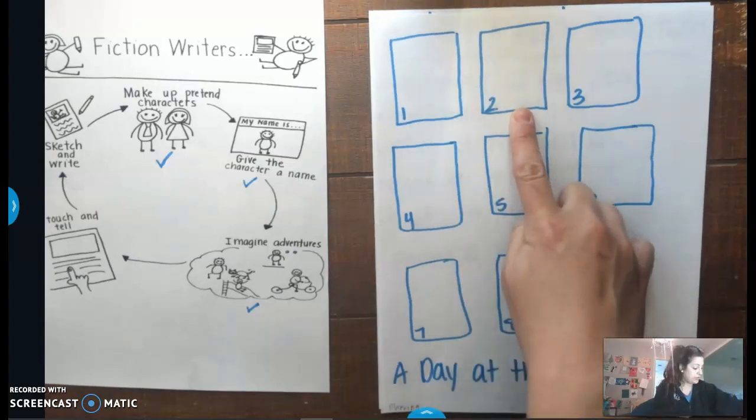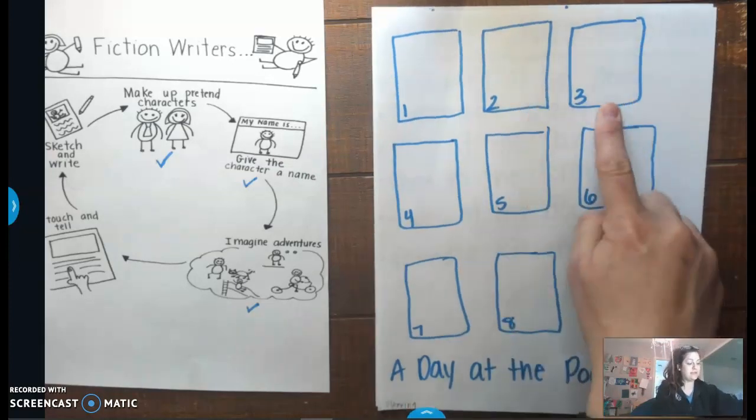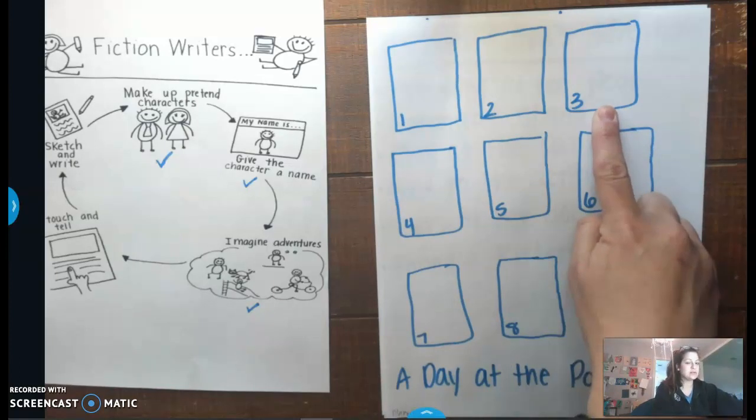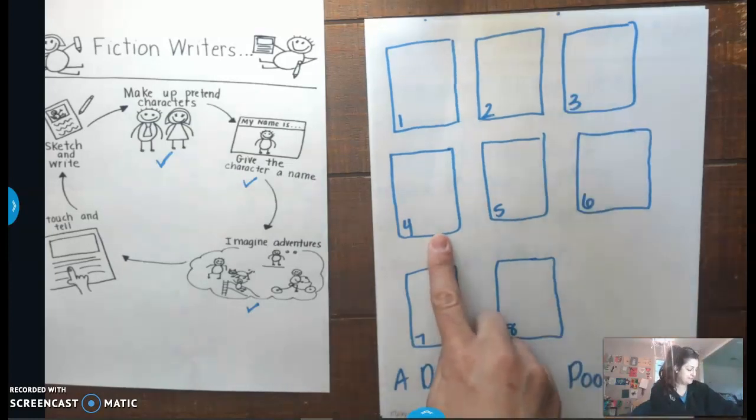Hudson and Ava wanted to go swimming, so they got their swimsuits and their floats. Page 3. They walked, instead of walked, we're going to say they skipped. They skipped down to the neighborhood pool. Page 4. To their surprise, it was closed.